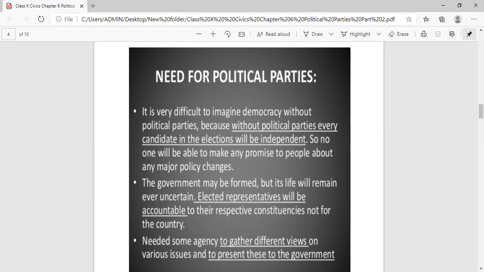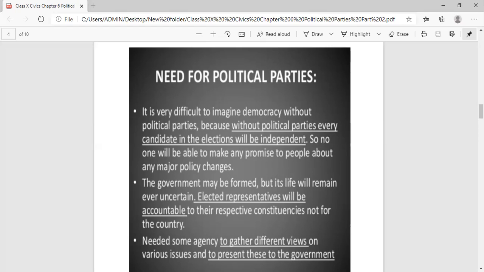So in such a situation, no one will be responsible for the aggregate development of the country, or for how the country will run. No one will bother about that. If there are no political parties, each elected representative will concentrate only on the betterment of their own constituency.